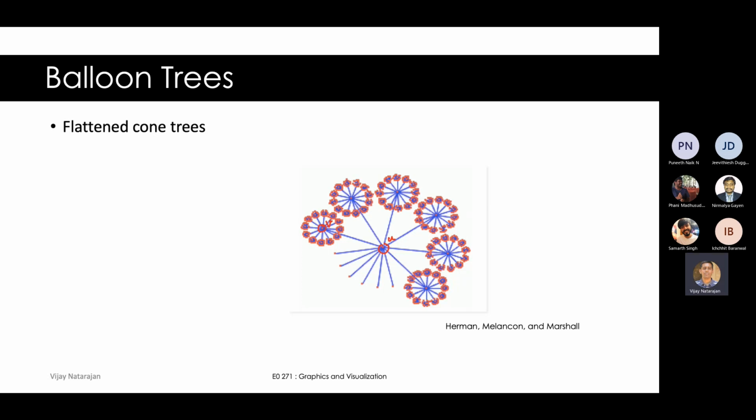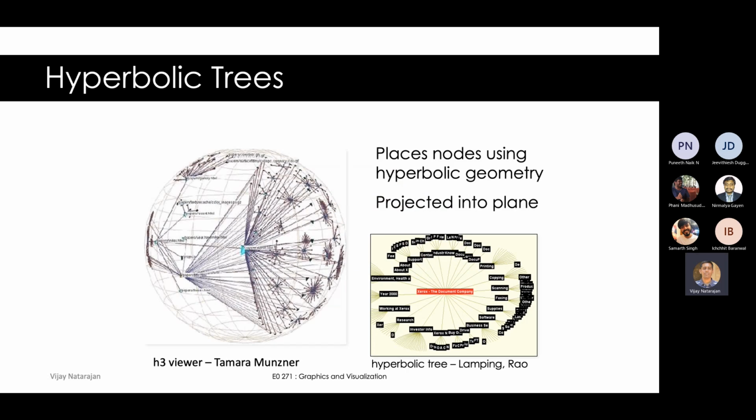So these are just the flattened versions of the code tree. Hyperbolic space allows you to find out the positions of these nodes and at different levels quite effectively.